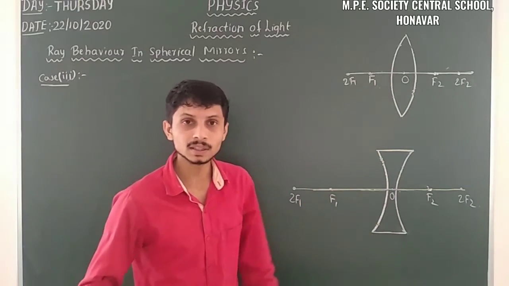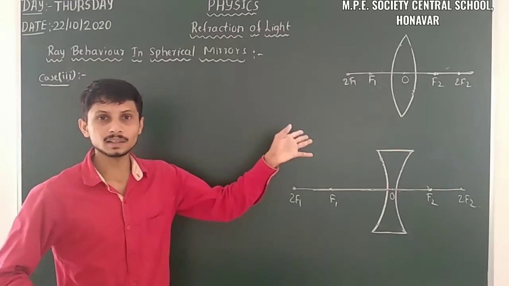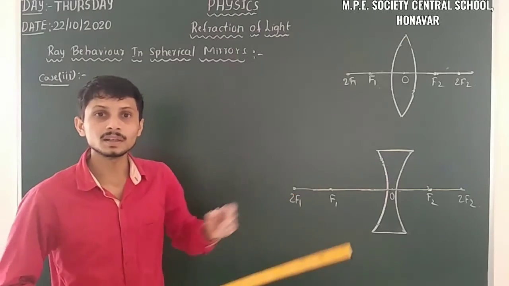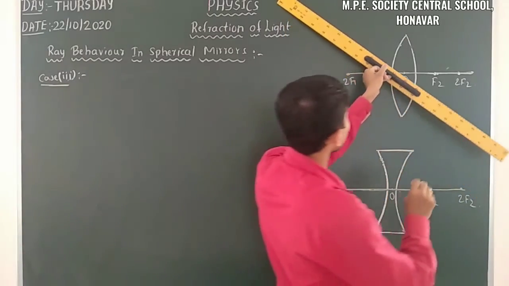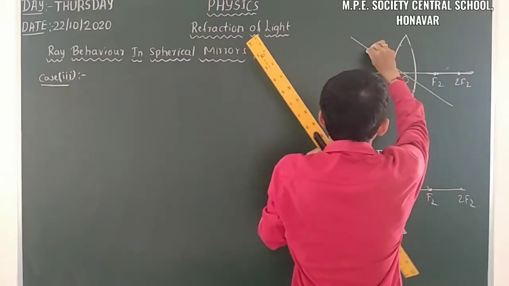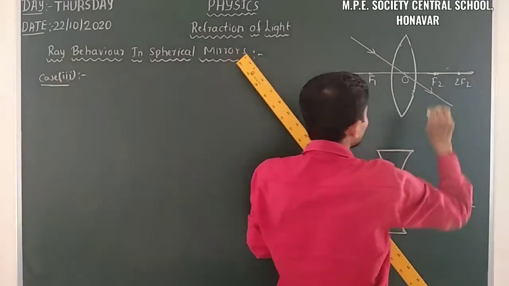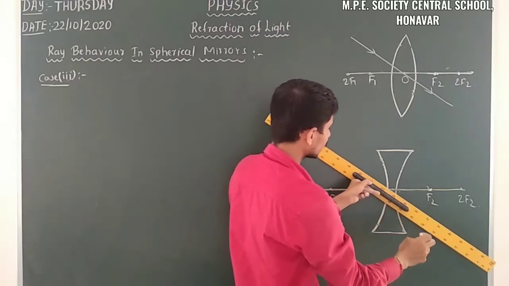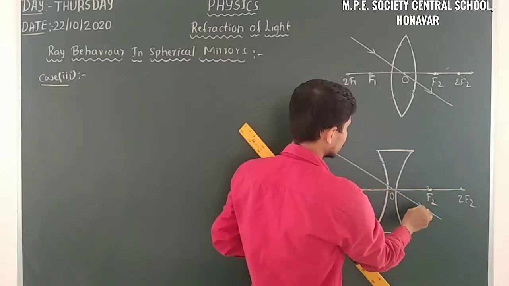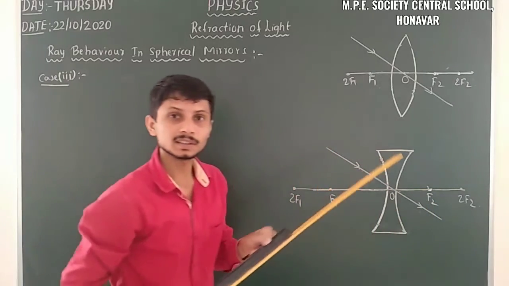Likewise we can take any other ray passing through the optic center; there is no deviation after refraction, in both cases.